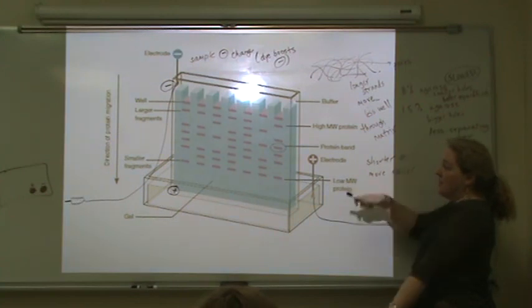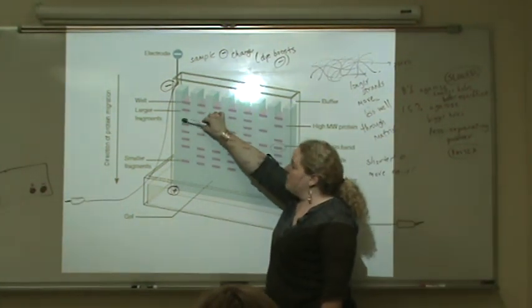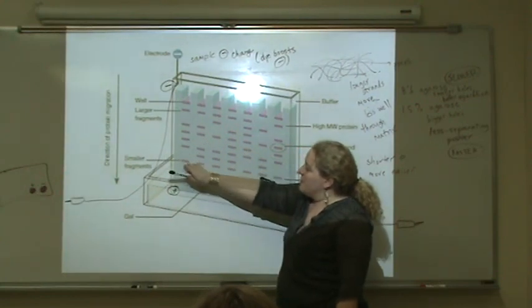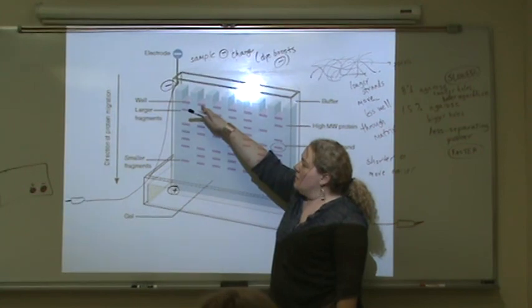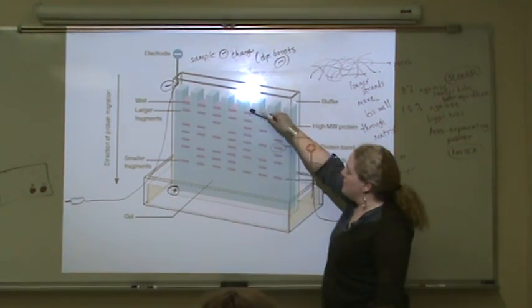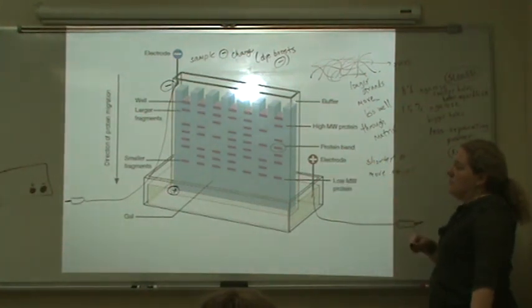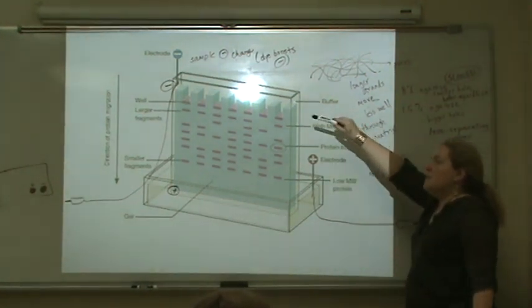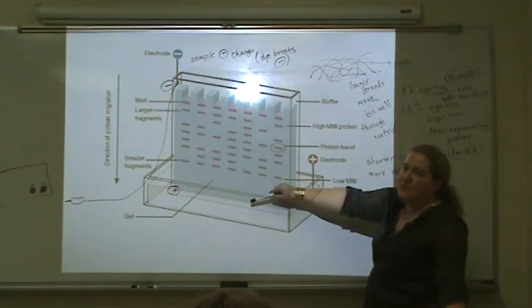Okay, so you apply the electric field. All the proteins in your sample are separating. Smaller ones go faster, bigger ones take longer. And what you're seeing here is discrete bands. You usually do not see bands migrating this way as you are running a gel.